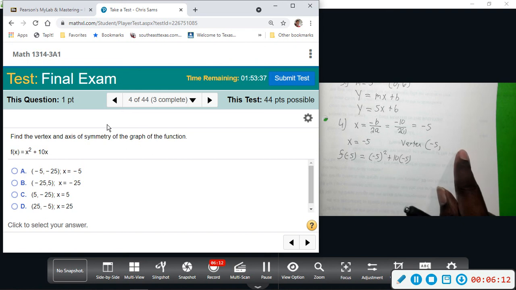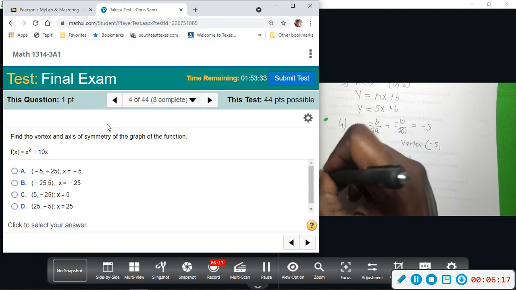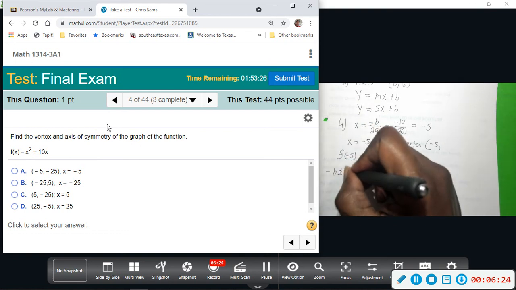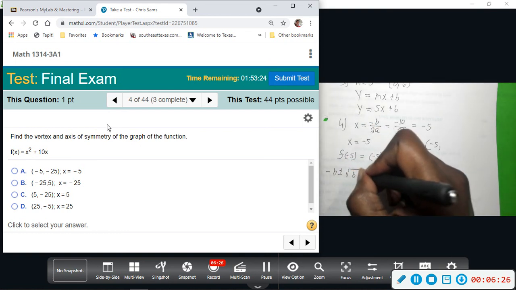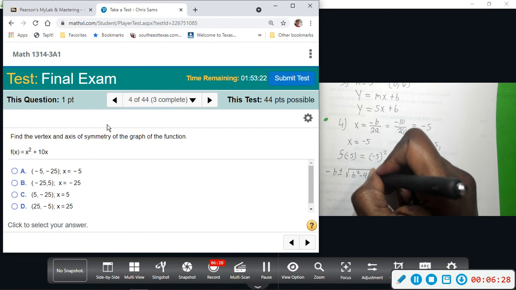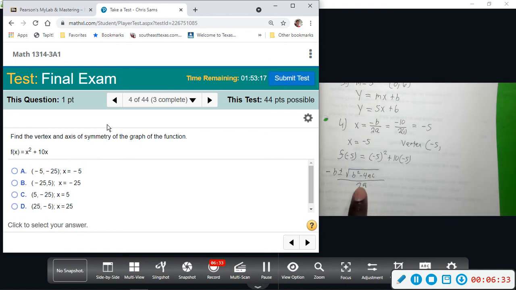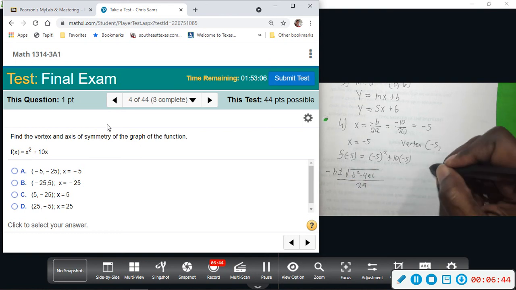There was a formula, and it's a part of the quadratic formula. The quadratic formula is negative b plus or minus the square root of b squared minus 4ac all over 2a. If you remember, that other part was part of this. I think it is 4ac minus b squared over 4a to find the y coordinate.